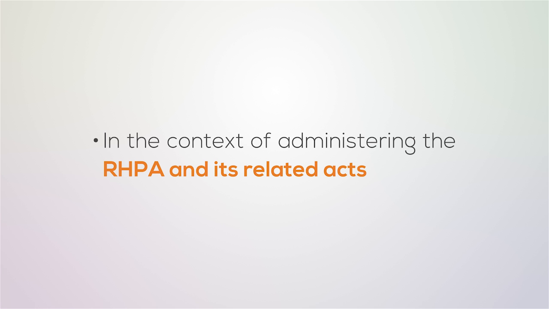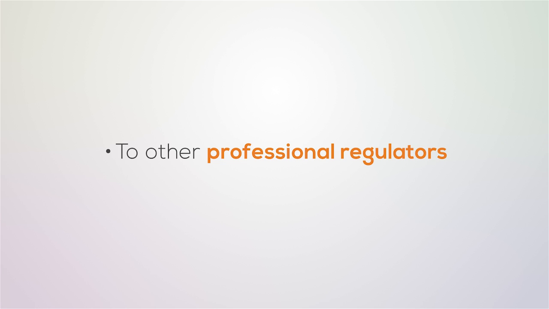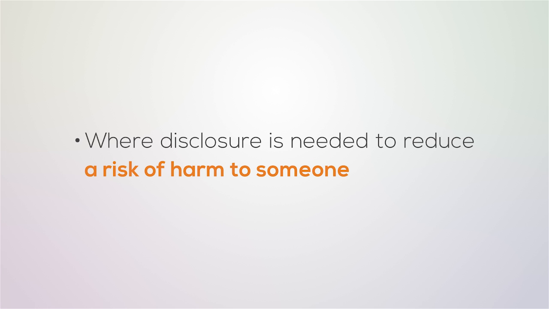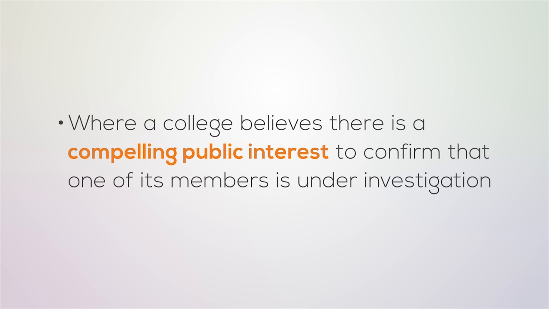These circumstances include, in the context of administering the RHPA and its related acts, to other professional regulators, to the police, and where disclosure is required by law. It also includes circumstances where disclosure is needed to reduce a risk of harm to somebody, or where a college believes that there's a compelling public interest to confirm that one of its members is under investigation.